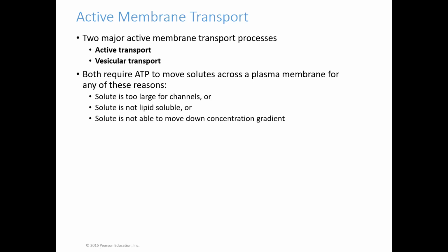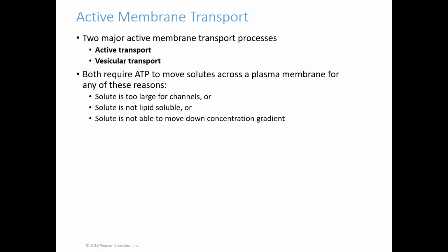Now, we have active transport in our cells. We talk about all these passive processes, diffusion and osmosis, and facilitated diffusion and stuff like that, and we know our cells love to have that kind of movement. But sometimes we have to have what's known as active transport. Active transport requires energy.